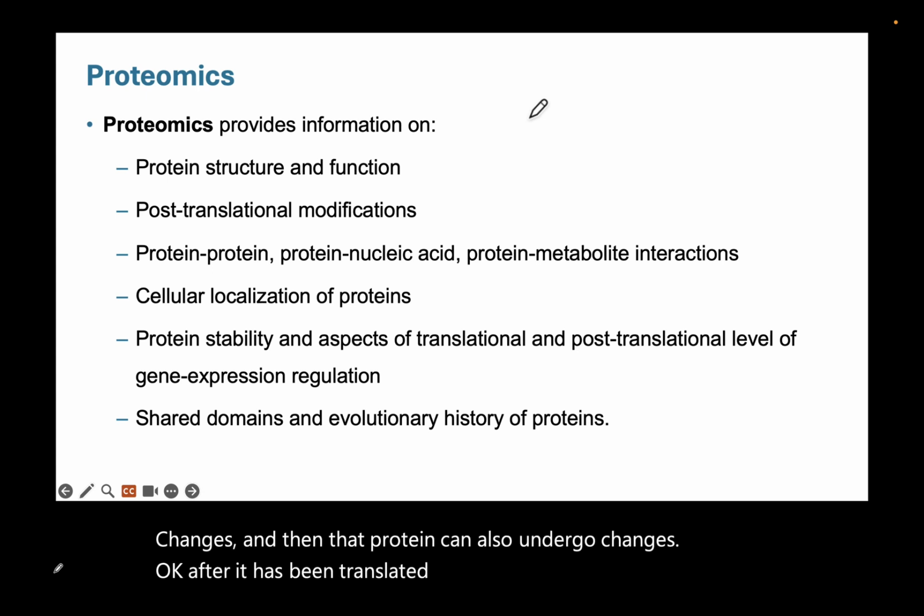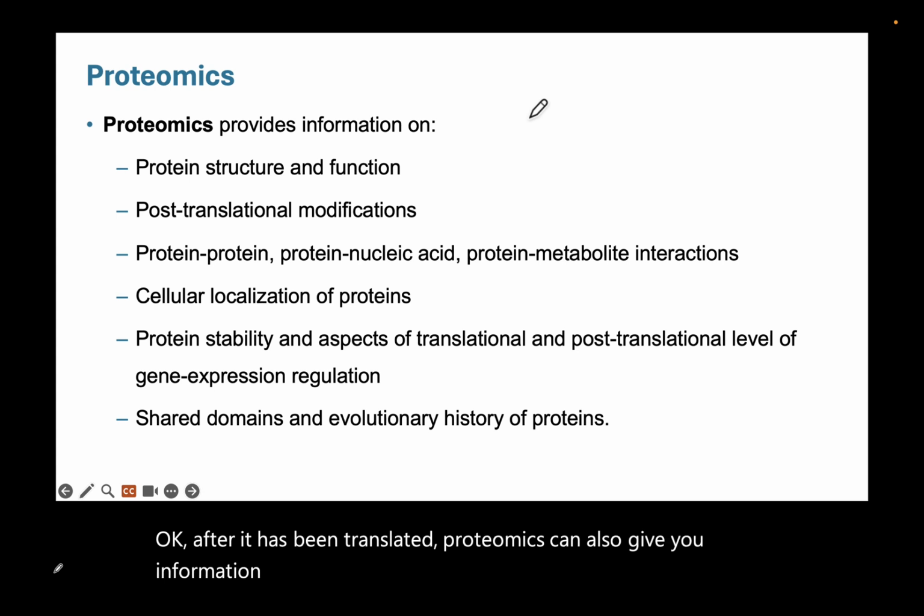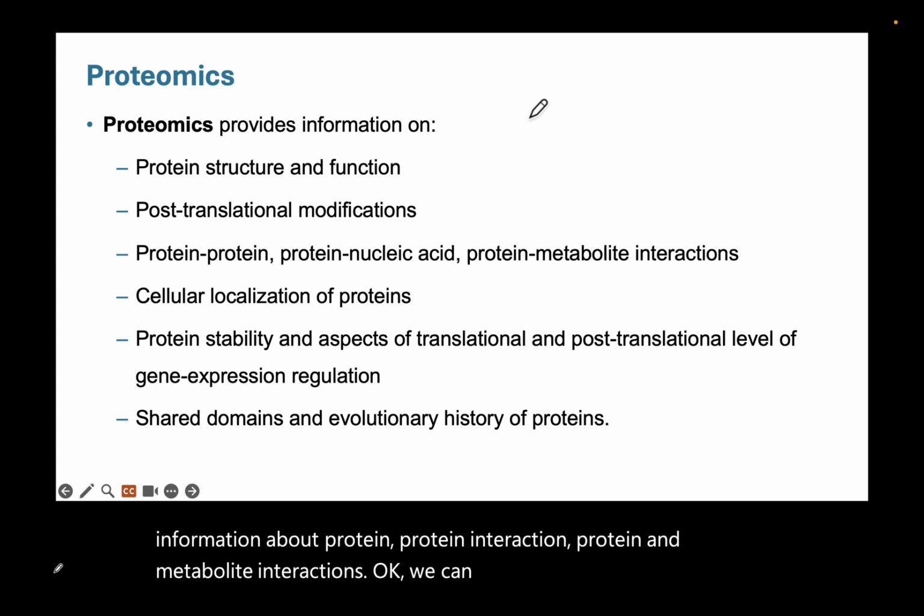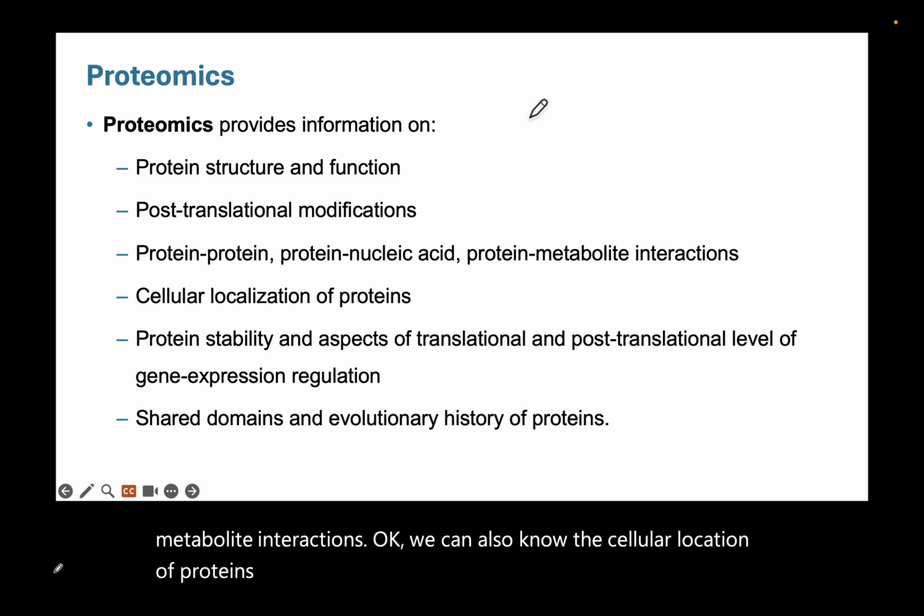Proteomics can also give you information about protein-protein interaction, protein and metabolite interactions, okay? We can also know the cellular location of proteins by labeling those proteins in the cells.